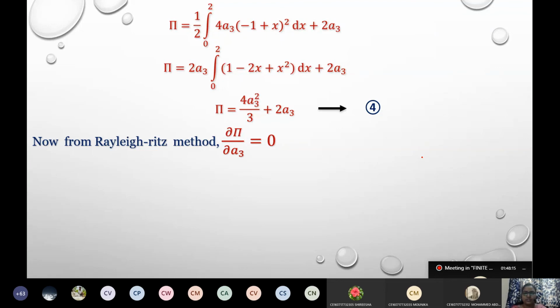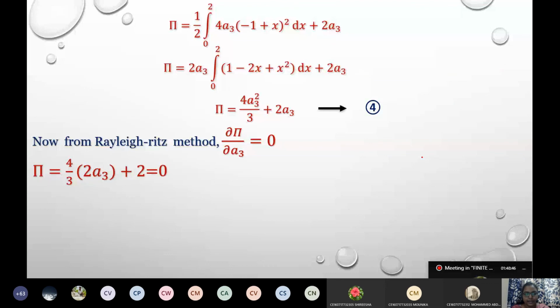Directly a numerical term for A3 you will get. What is that? Minus 3/4, ma'am. Minus 0.75. Okay, decimals I'll consider more. Thank you. It is 0.75, right?